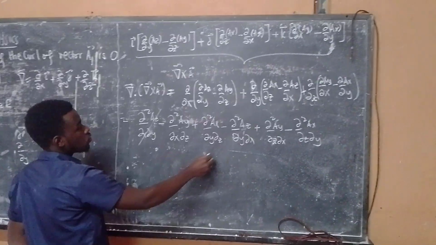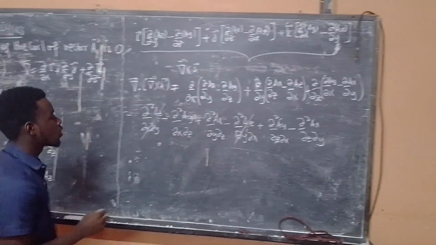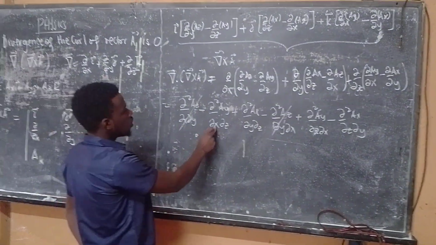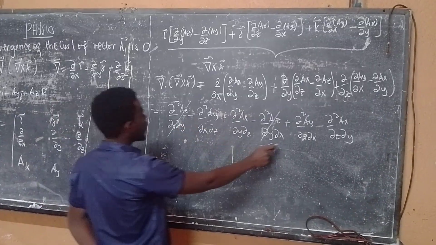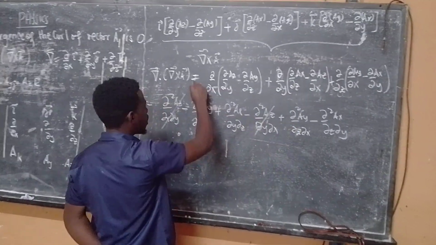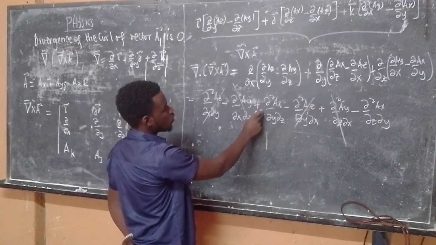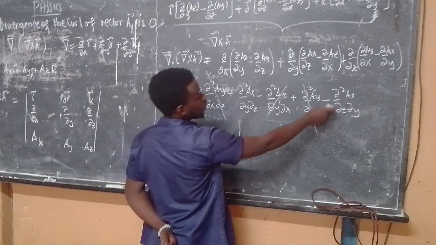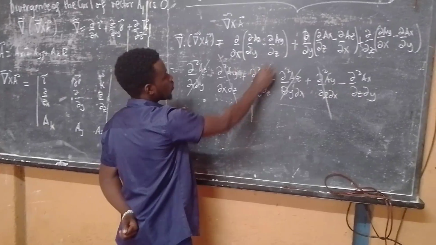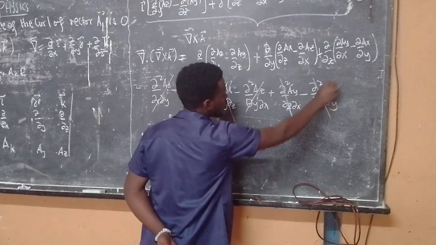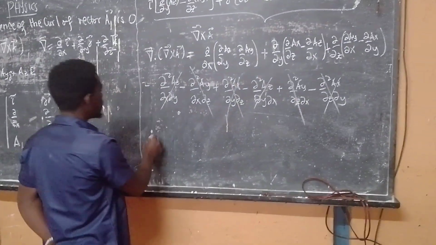So this one has a positive, and this one has minus, so we can cancel them out. This one has minus, and this one has positive, so we can also cancel them out. And then we remain with this one which has positive, and this one has minus. We can also cancel them out.